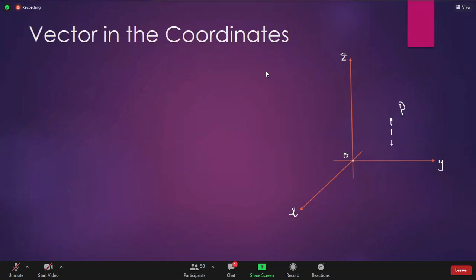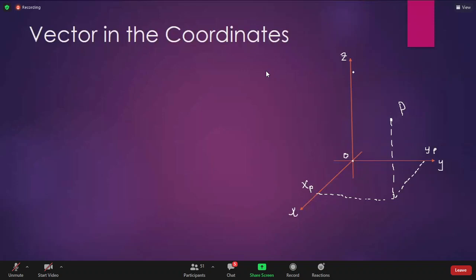We can, for example, project it downwards to the XY plane. And so we have a projection on the x-axis, that would be x of the point P. We project it perpendicular to the y-axis, we have y of the point P.